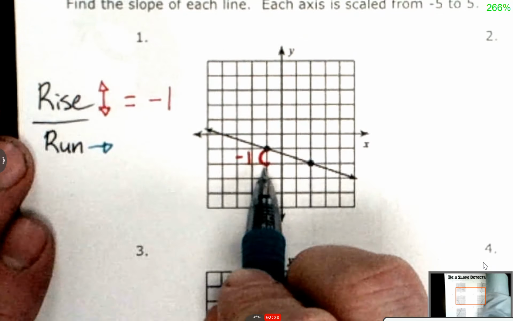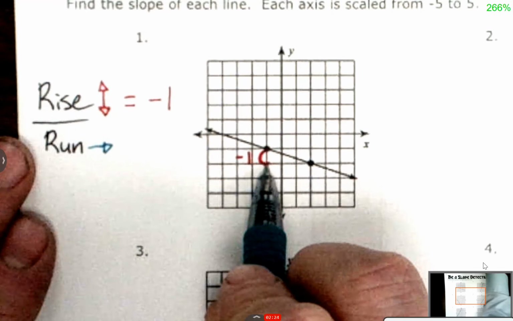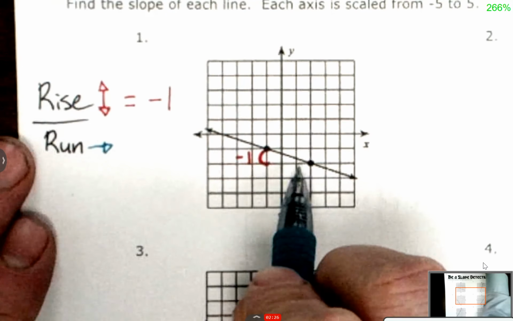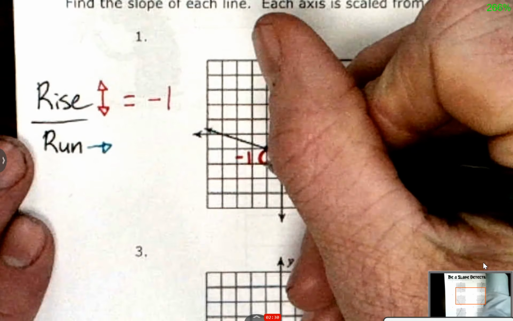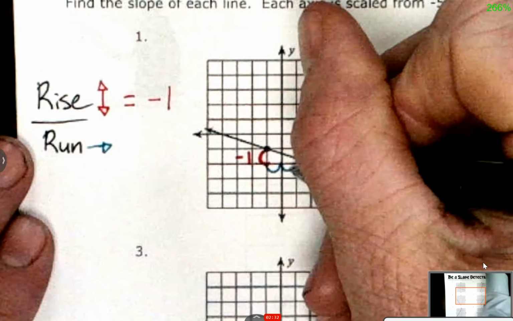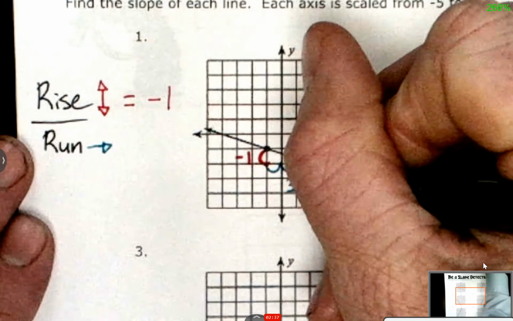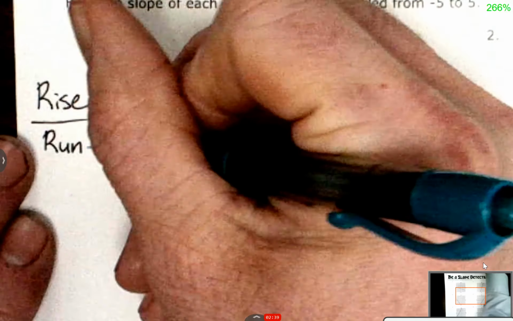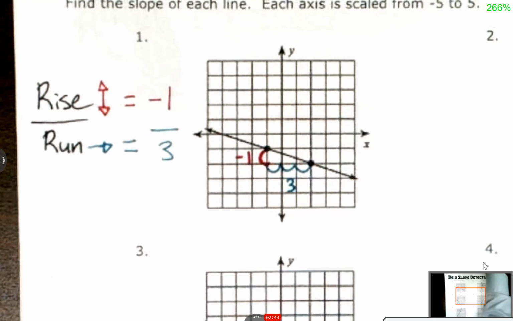Once you've found your rise, we're going to do the same thing with run. Where I left off, I'm going to count how many units until I reach my second point. So how many jumps do I do? 1, 2, 3. So my run is 3. And if you do rise first, run second, your run should always be positive.